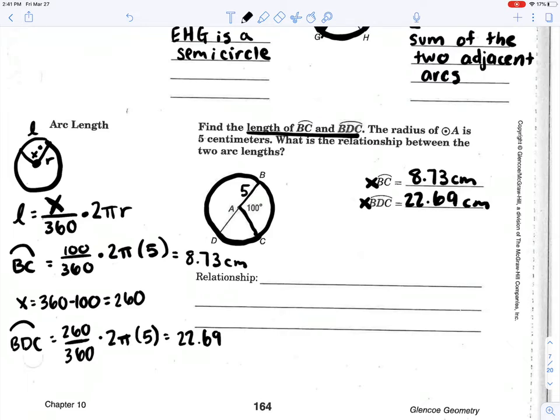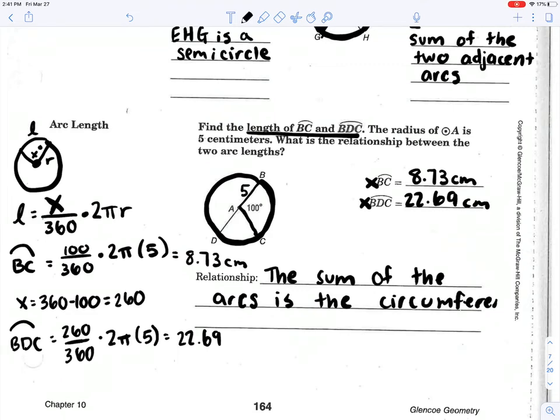I could find the circumference of the entire circle, and subtract 8.73, because 8.73 was the part I was not including. So how are these two arcs related? If you add them together, you're going to get the entire distance around the circle. And the entire distance around the circle we learned yesterday is not called the perimeter of the circle, but the circumference. So I can say the relationship is that the sum of the arcs is the circumference of the circle.